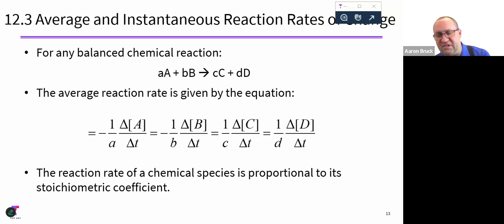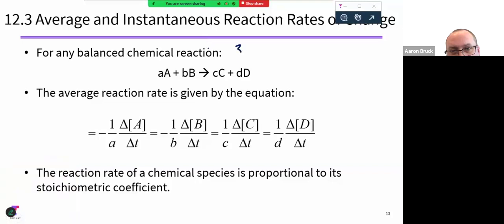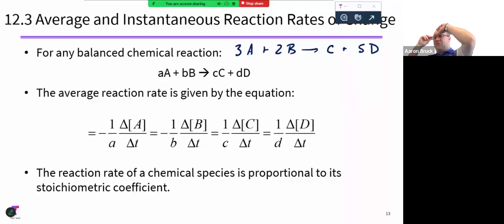Let's just put some perspective on this. Let's make this a little bit less generic, a little bit more detailed. Let's say that I have 3A reacting with 2B to make C and 5D, just for the sake of argument here.